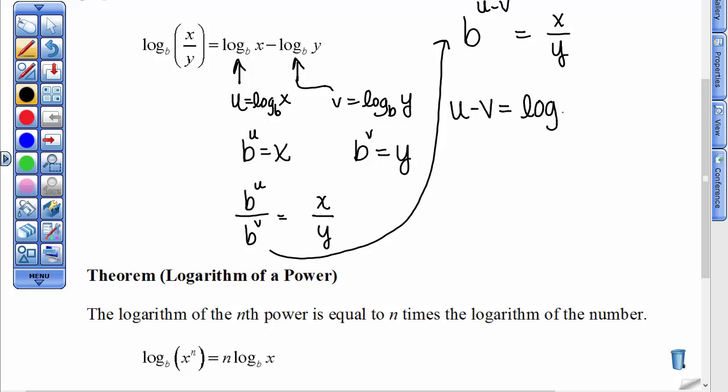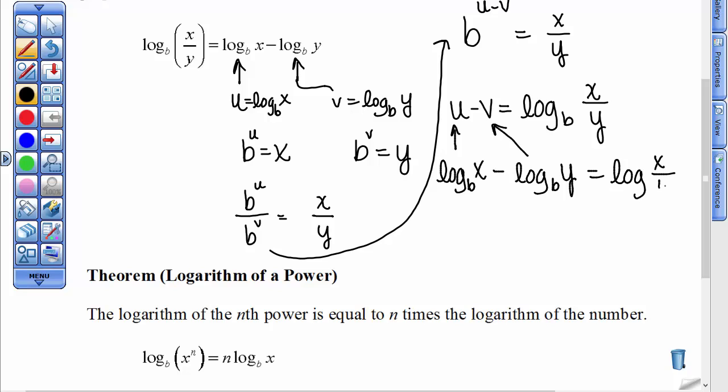The base is b of x divided by y, and this now says that the log of x divided by y, where the base is b, could be written instead as the log of x, where the base is b, minus the log of y, where the base is b, because that's what v is. And the reason for that is because if you had x to the fifth over x to the second, you would subtract their exponents, and logarithms behave like exponents go. So if you want to divide, you can subtract.